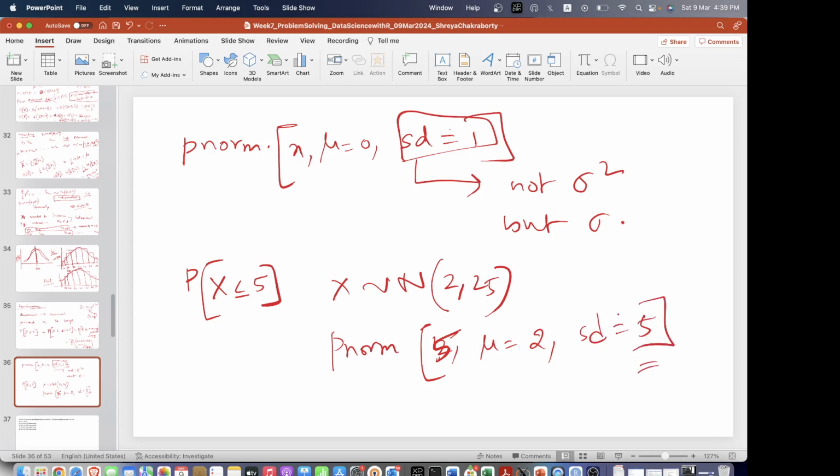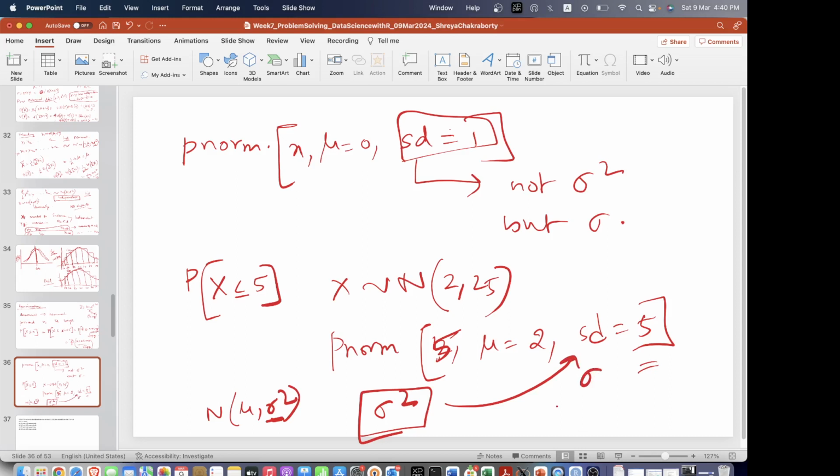So we have to be very careful about this. Usually when you write a normal distribution, the second parameter is always sigma squared, but R takes sigma as input. So this conversion we have to do before we feed our values in R. Is it okay?